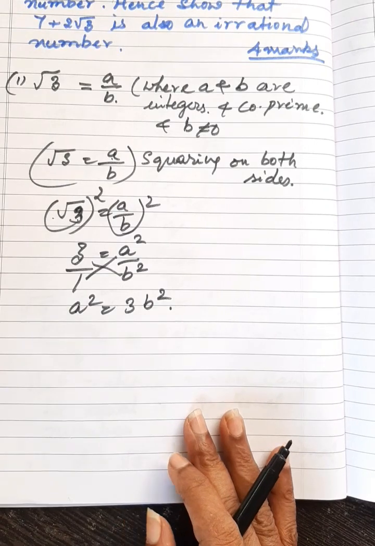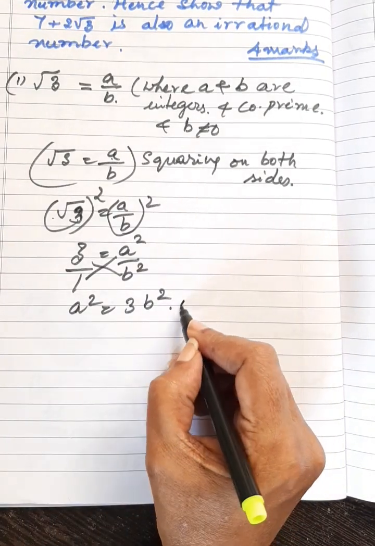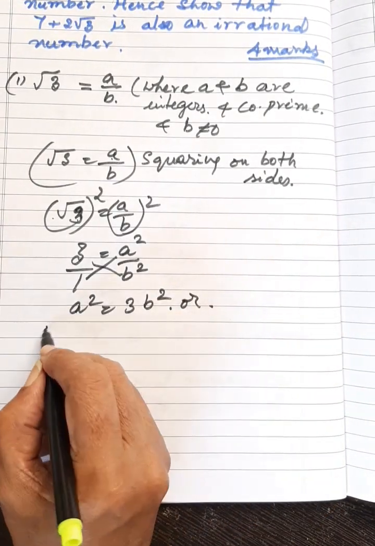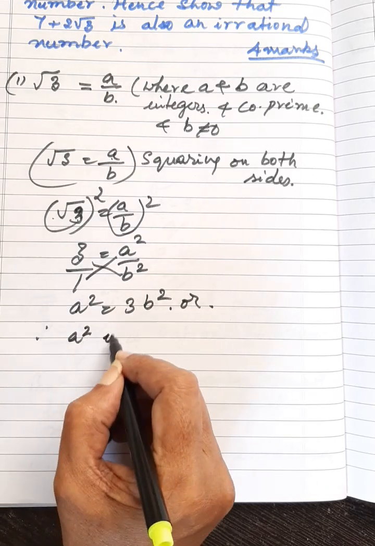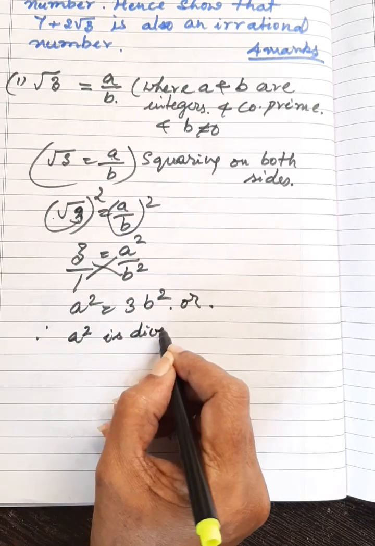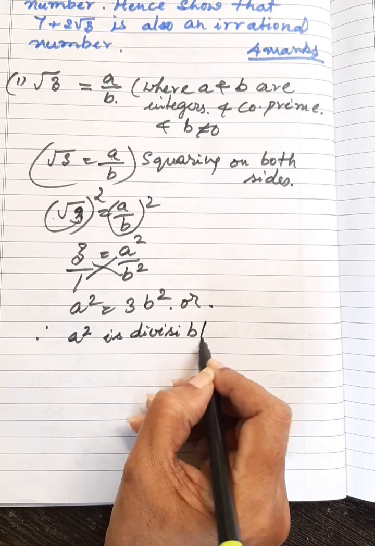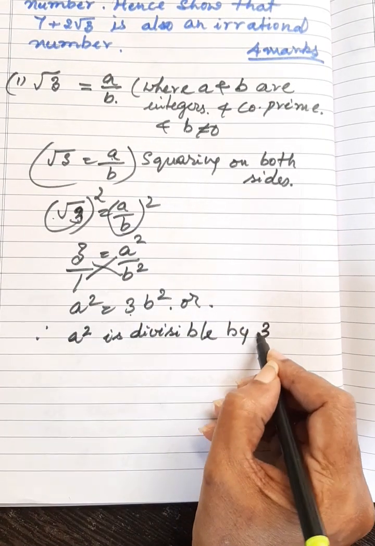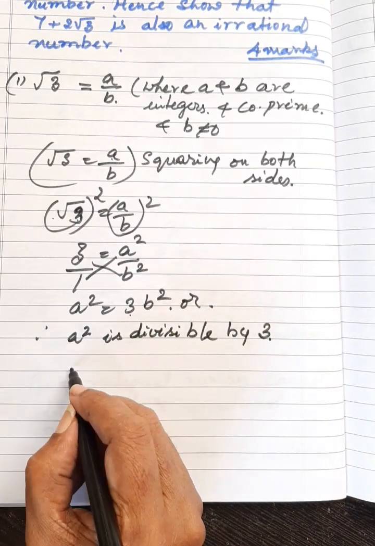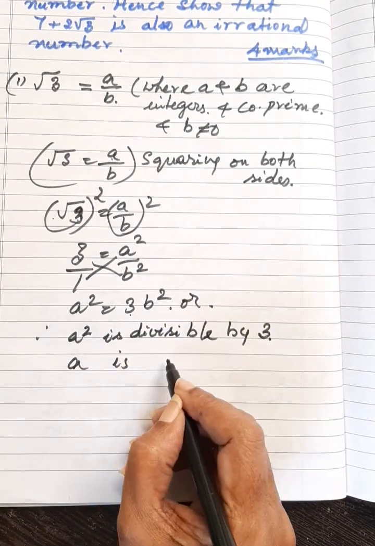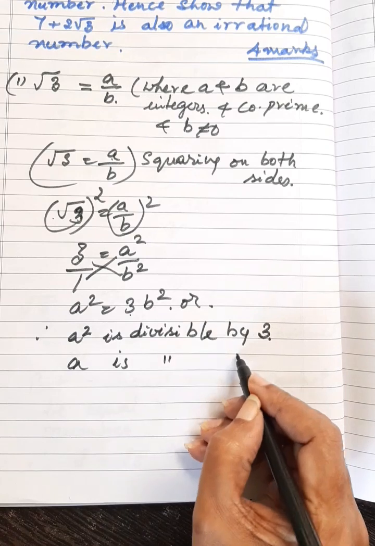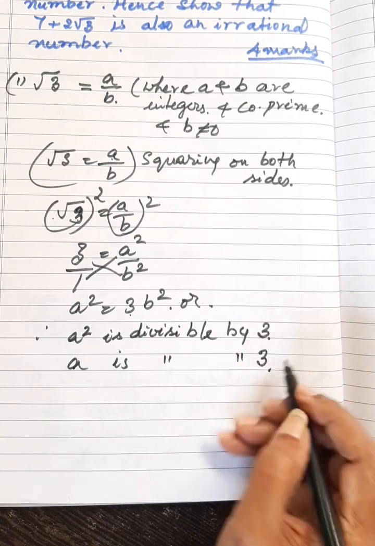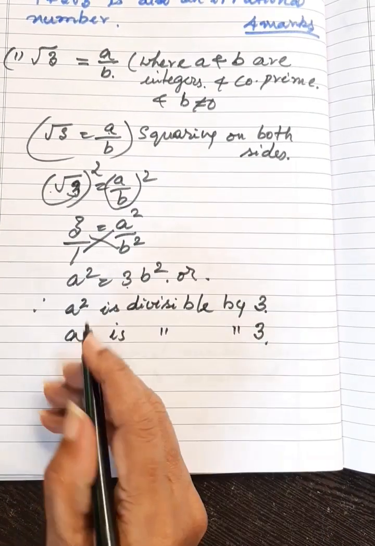Next step, what to write? Or you can write it this way also: A square is divisible by which number? 3. Then A is divisible by 3. Next what to do?